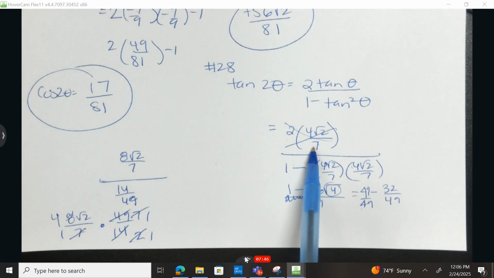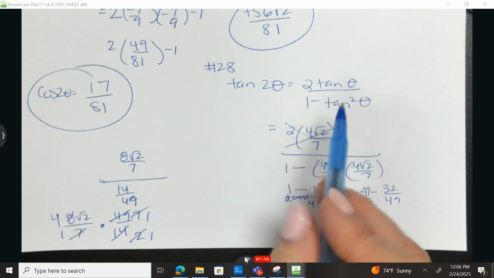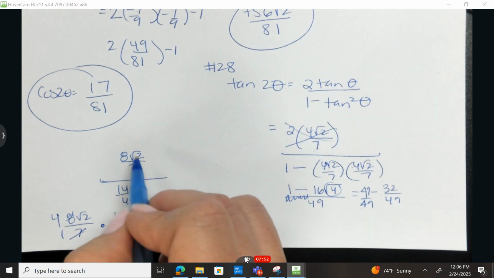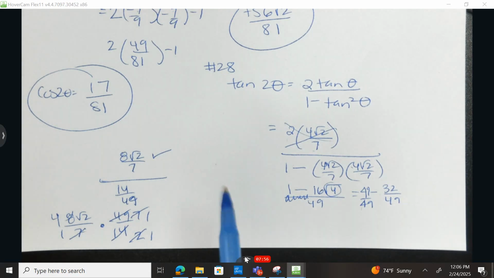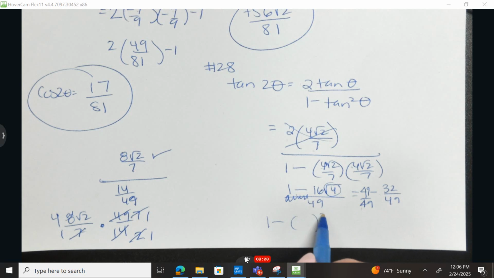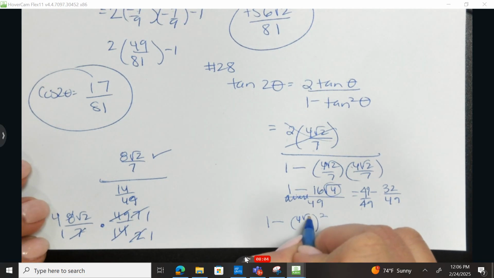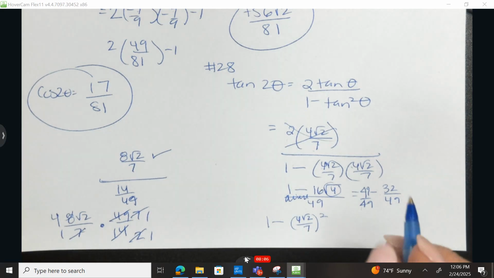This looks correct. I'm just checking my work to see why it doesn't match up with the answer key, so hold up. This is 8 over 7. That looks good. This is 1 subtract, and then this is again 4 square roots of 2 over 7.